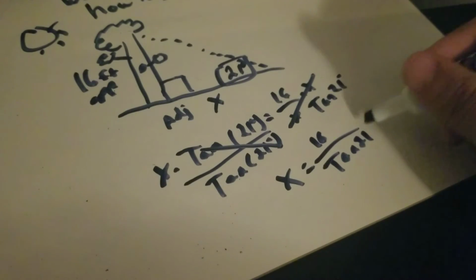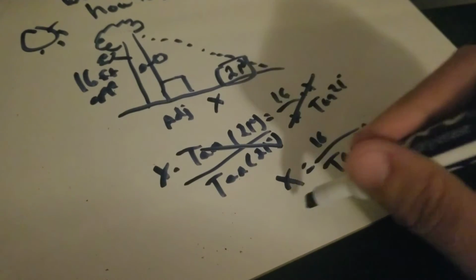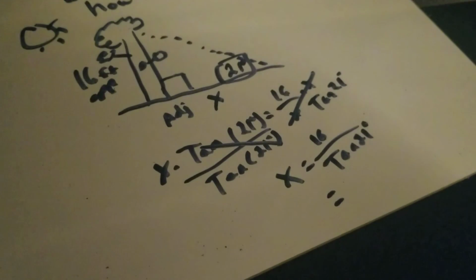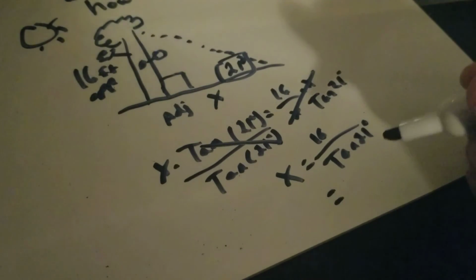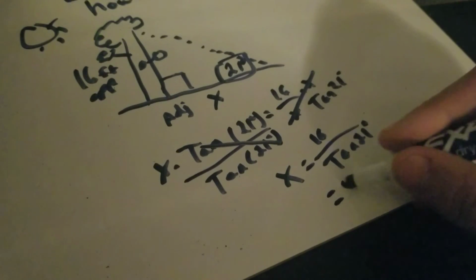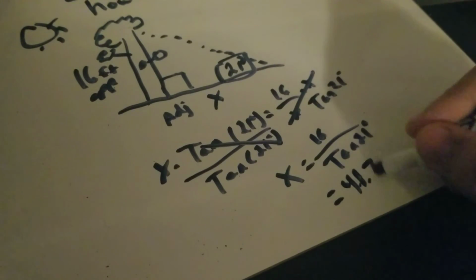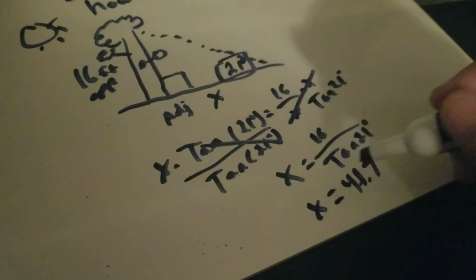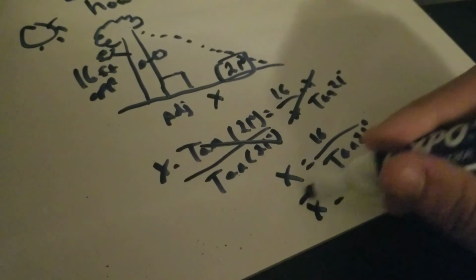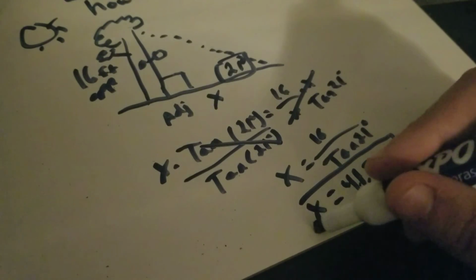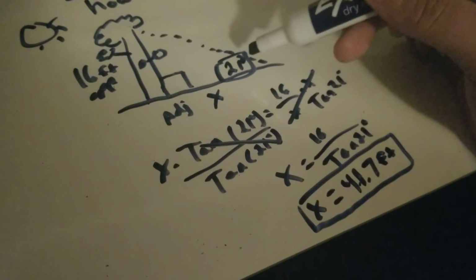Tan 21 degrees, and that ends up equaling 41.68, so I'm just going to say 41.7. So 41.7 feet. It's casting quite a long shadow, and that kind of makes sense since this angle's small.